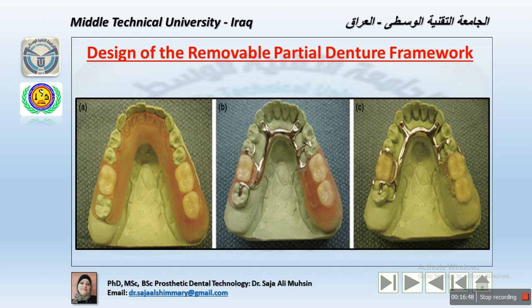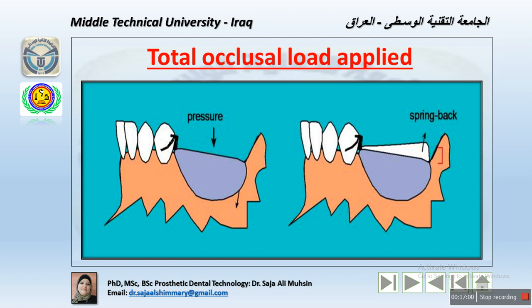Another factor affecting the support of distal extension is the total occlusal load applied. So whether the distal extension is long or short, there is a pressure on it, and this affects the support as well.